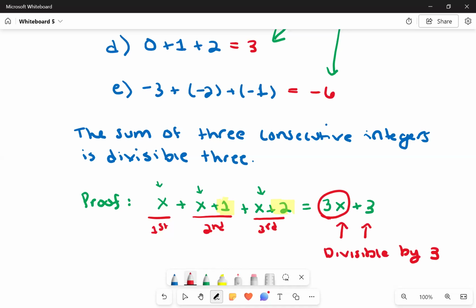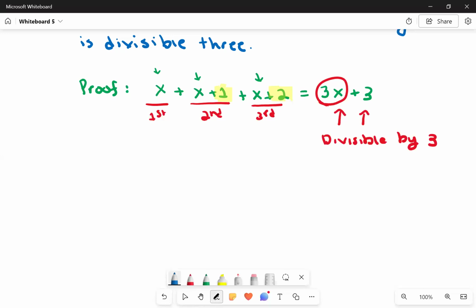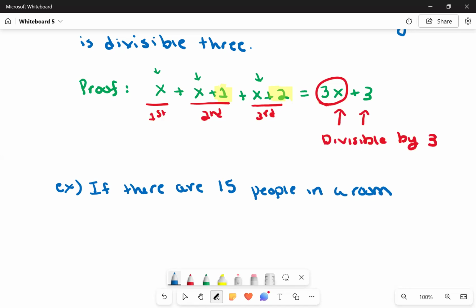All right, let's look at another example where we're going to try to look at a pattern and see if we can extend it to be generalized. Okay, so if there are 15 people in a room, who will shake hands with everyone exactly once.